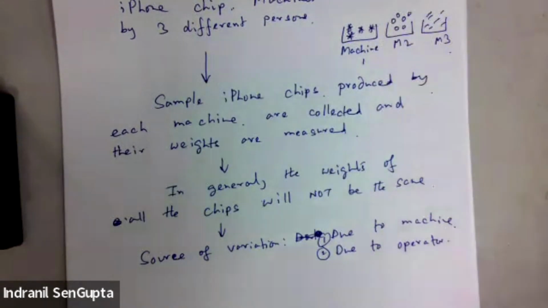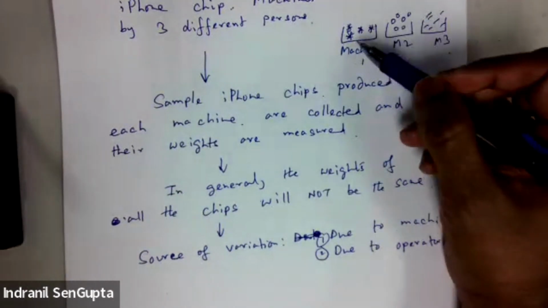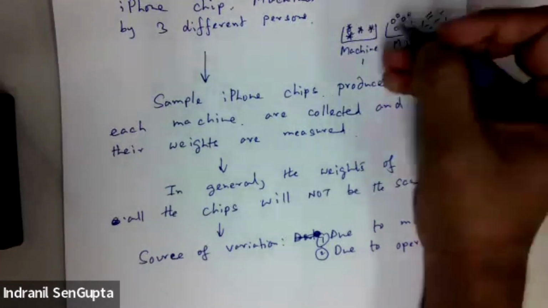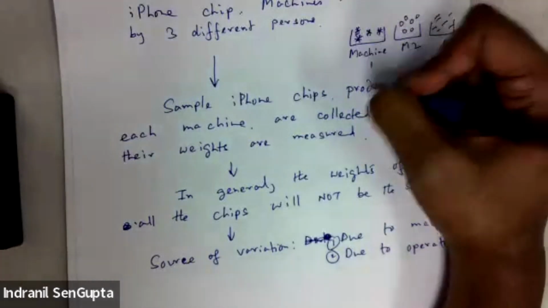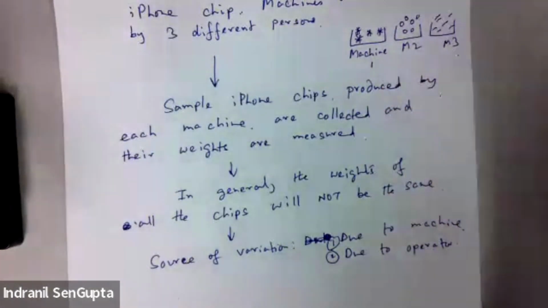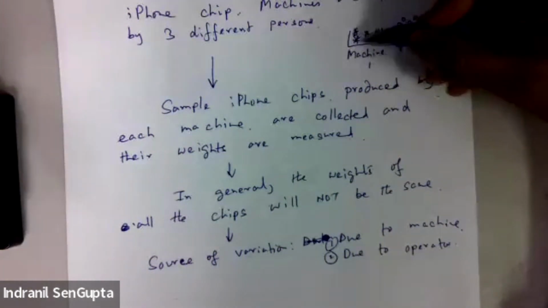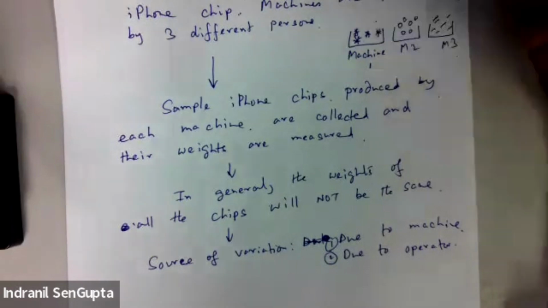The operator needs to provide the ingredients, and depending on the ingredients, the machine will produce. So if I fix our attention on machine one, and operator one is operating machine one, then the variation of the weights of these chips is not due to the machine because they're produced on the same machine, but due to the operator.